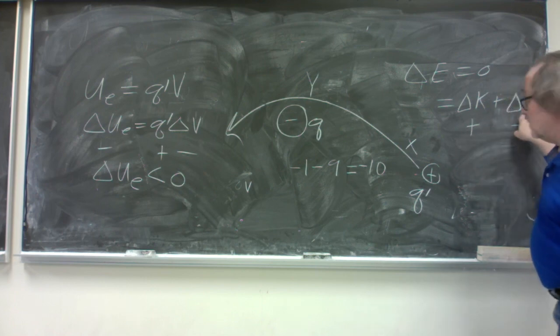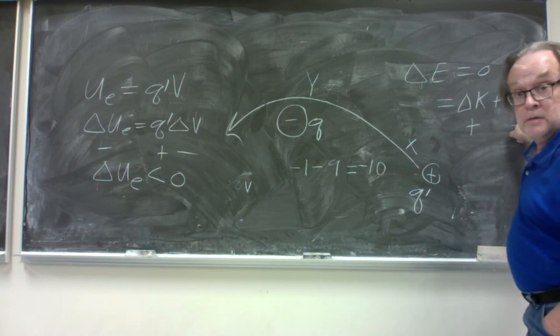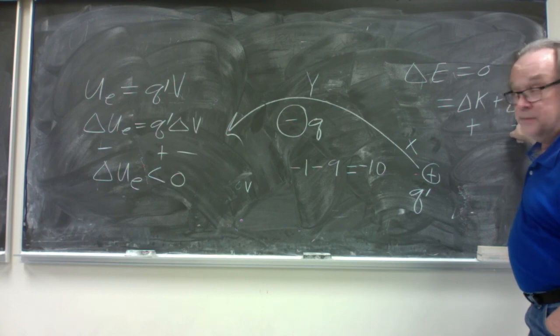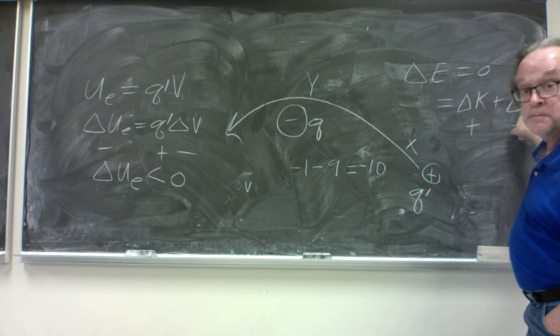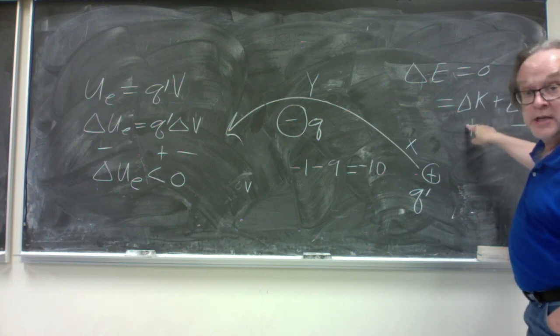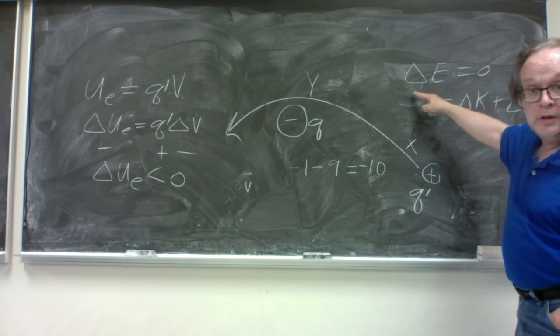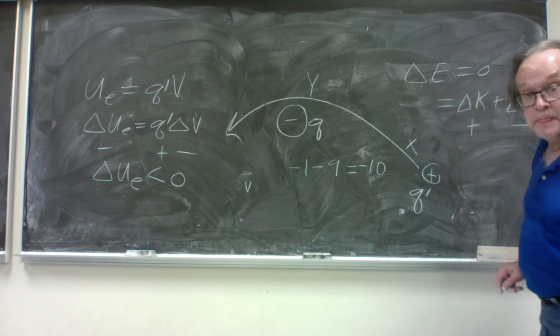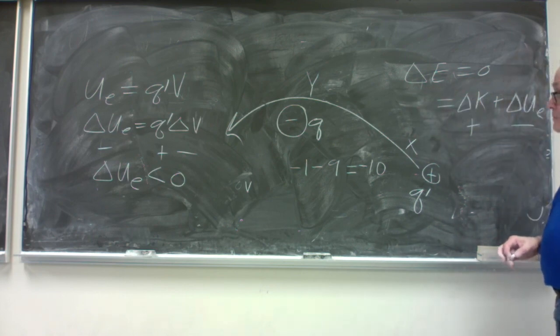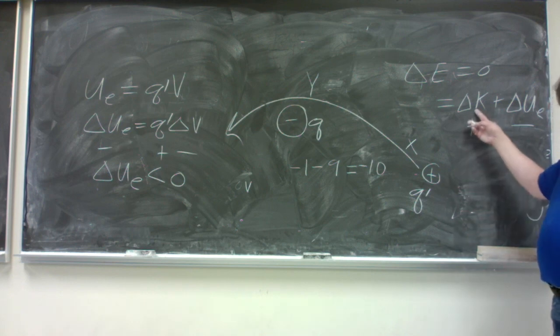That is, the electric potential energy decreases by some number of joules, which means the kinetic energy has to increase by the same number of joules in order to keep the total energy unchanged. So kinetic energy increases.